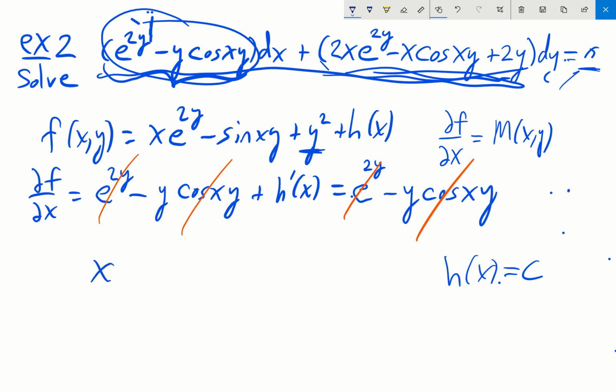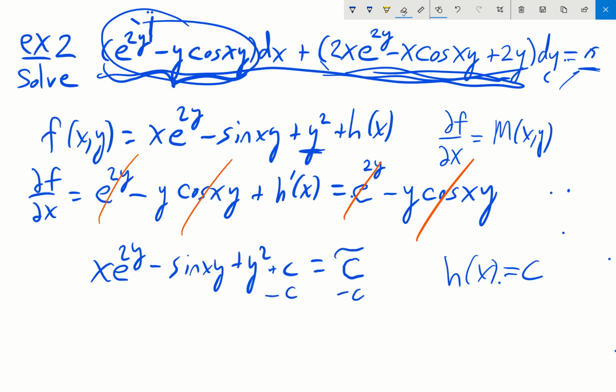We know we have x e to the 2y minus the sine of xy plus y squared plus h of x plus c. And this right-hand side was supposed to be some constant. I could subtract that other c over, so that essentially what we get is our solution is going to be x e to the 2y minus the sine of xy plus y squared equals a constant.